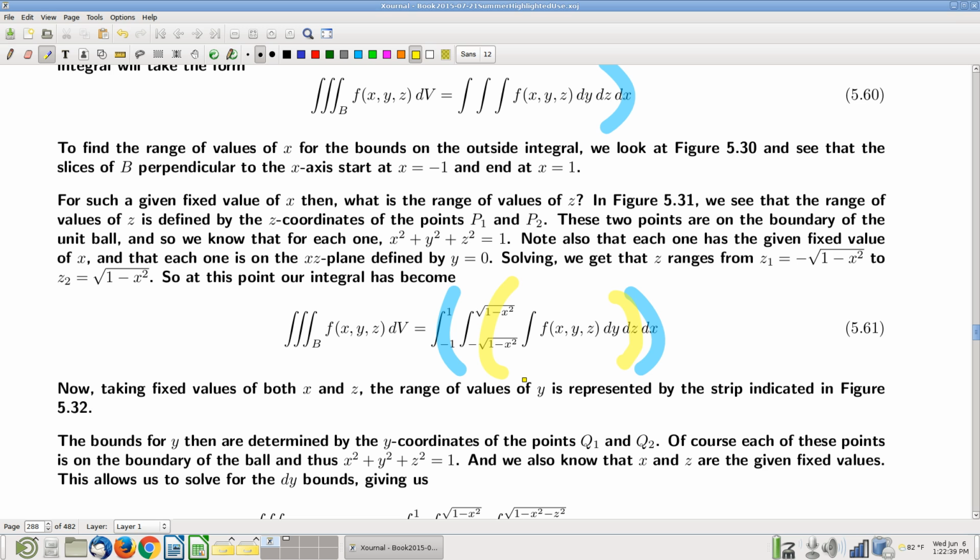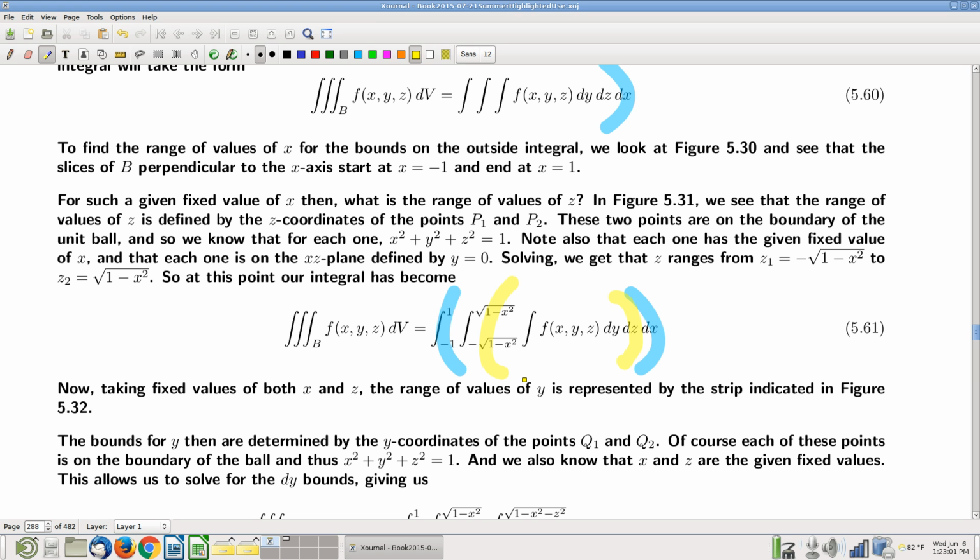Different geometric details in every example, but the pattern holds. You always find the bounds by going outside in, looking at corresponding slices, thinking about the range of values of that variable on the corresponding slices, and then moving one step in at a time.